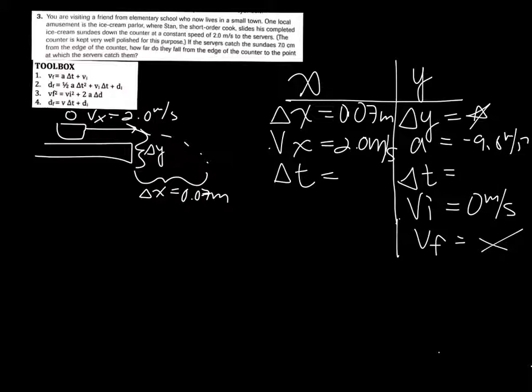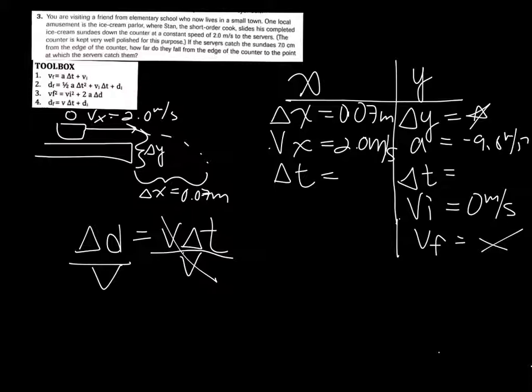This time, we're only given 2 pieces of information on the y side. We cannot solve for these other variables, so we've got to go over to our x side. We're given 2 pieces of information, and there's only 1 more piece, so we can solve for that. We're going to use equation 4: delta d is equal to vt. We're solving for time, so we divide by velocity on both sides to get time alone.